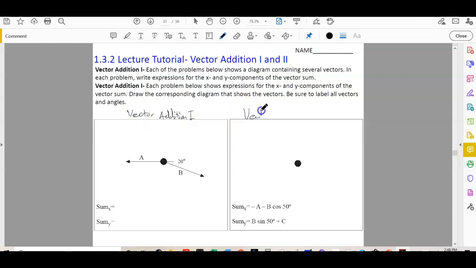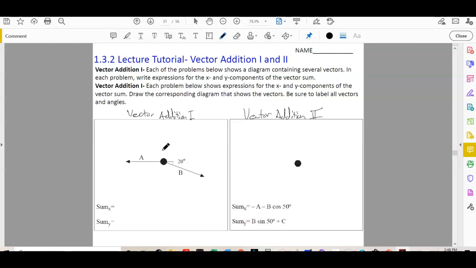This is Vector Addition 2. This is a really great way to emphasize what we just did. This is one of the best teaching tools I've ever used. Okay, so let's break it down.